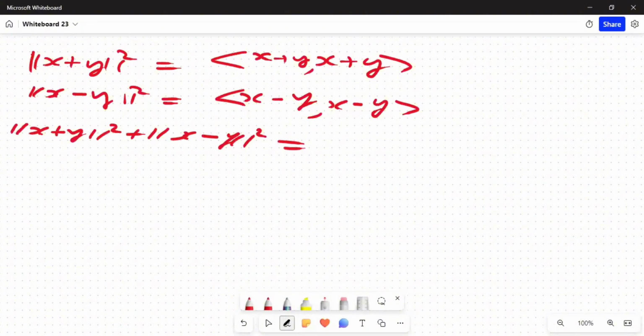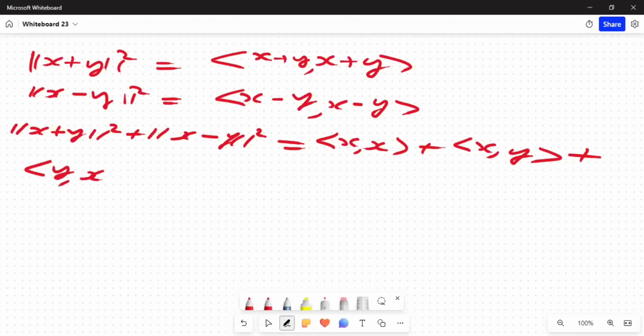This one will be the inner product of x comma x, plus x comma y, plus y comma x, plus y comma y. Then we are through with this. The next one is plus this, and this one is x comma x.